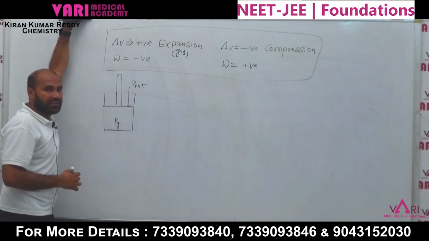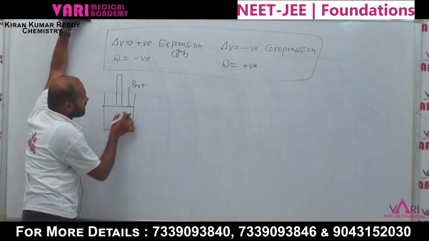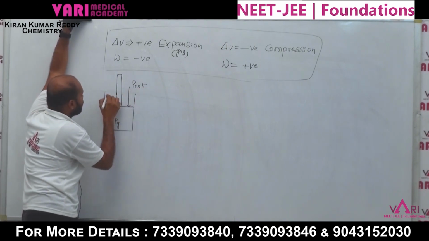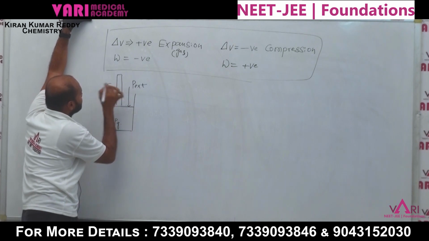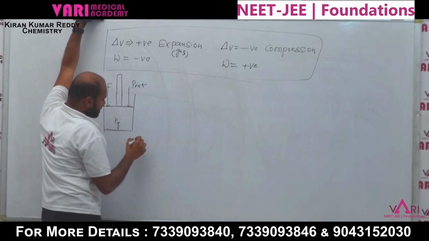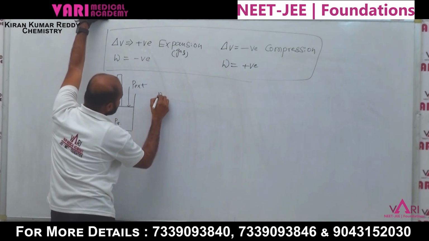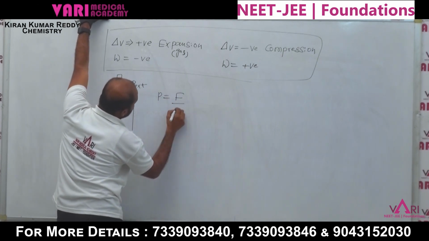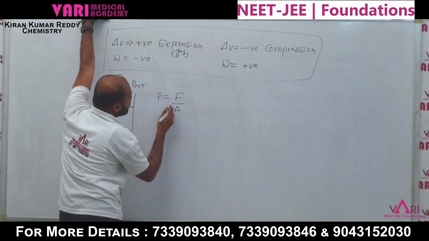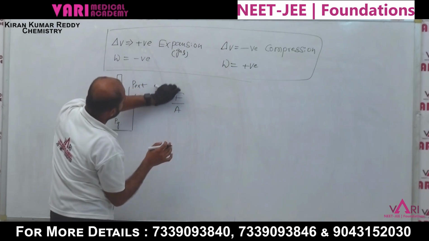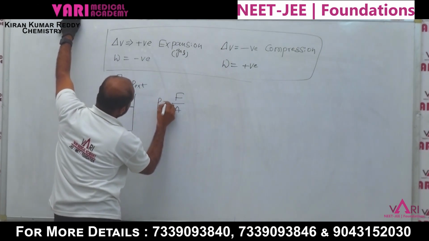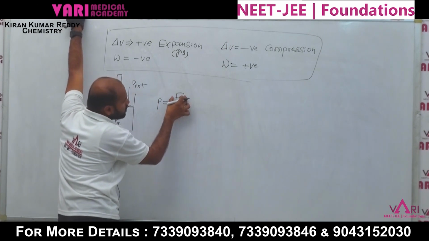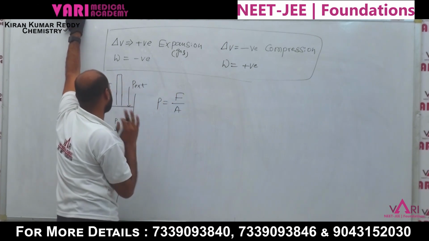Force is applied on this. What is the pressure formula, student? Pressure is equal to force per unit area. P is equal to F by A.